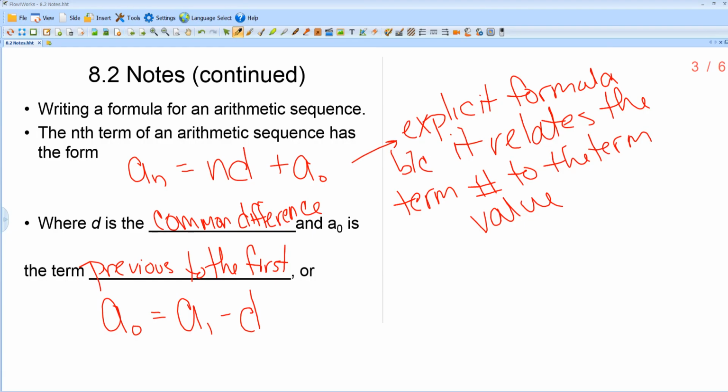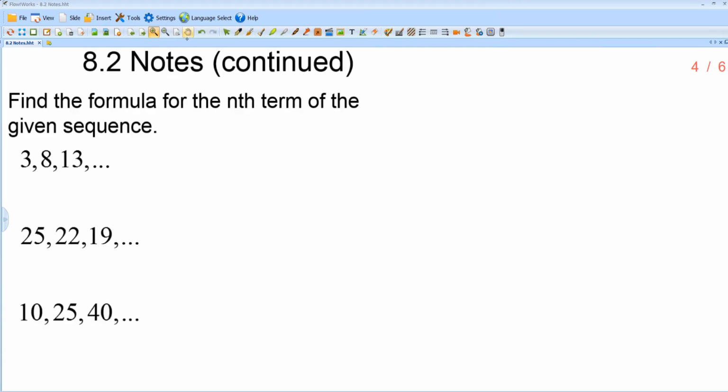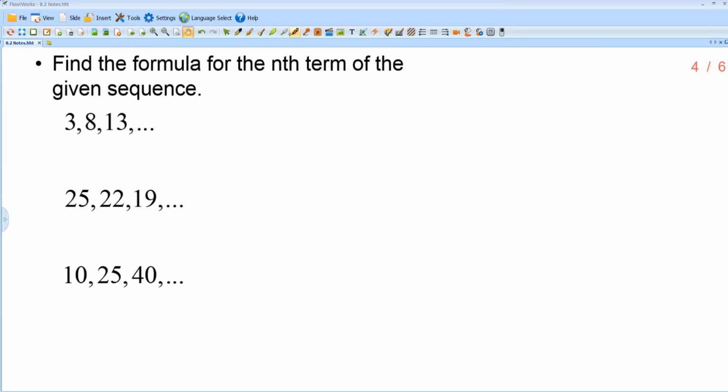And I lied to you a slide ago. We are going to do another slide of examples just because they're quick examples and it gives you at least something to relate to. Find the formula for the nth term of the given sequence. So quick, easy things. When I look at this, first I want to figure out, are these even arithmetic? So I'm going to look at the difference here. 5, 5.